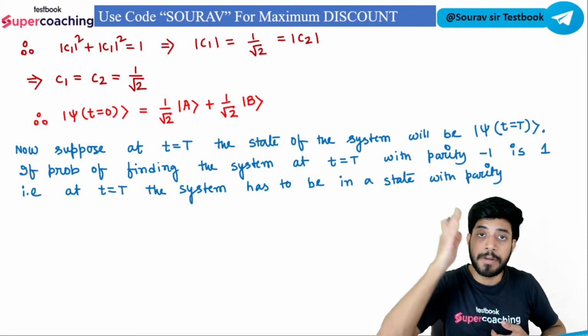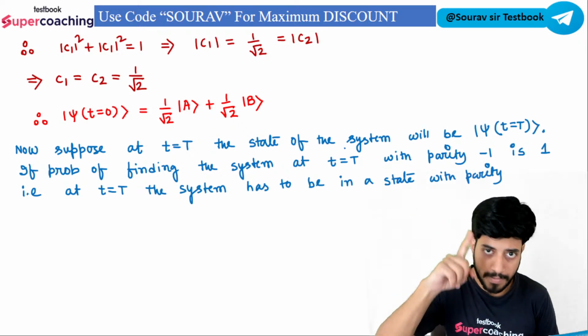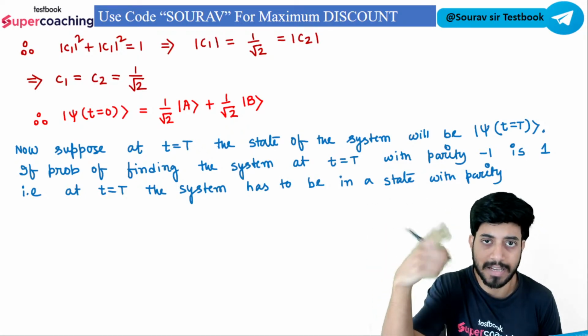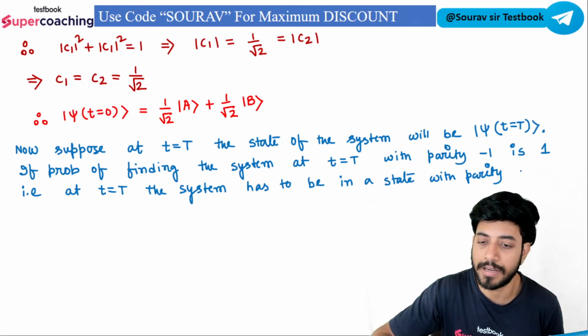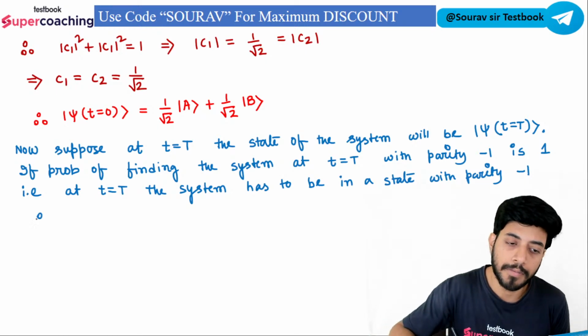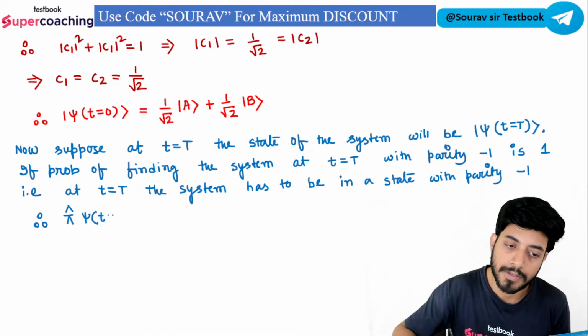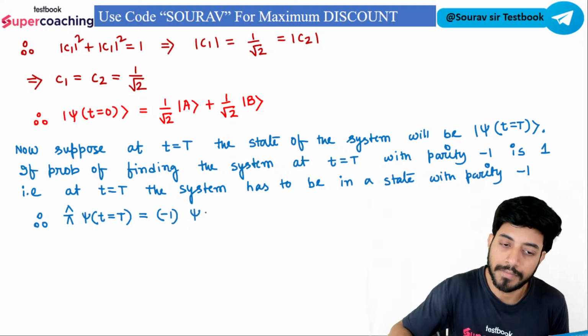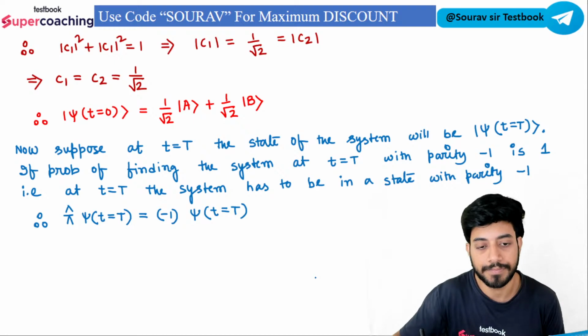Probability 1 है तो 100% सिस्टम ऐसे स्टेट में है जिसका पैरिटी -1 है. Therefore pi cap operating on psi of small t equals to capital T should be equal to -1 psi of small t equals to capital T.